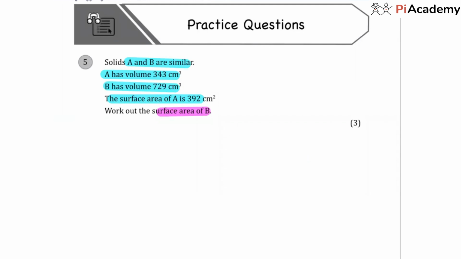Can you go back to the formula sheet? Because I feel like in my exam we get the surface area formula. Yes, sometimes you are given the formulas, but sometimes there are questions where you need to know the formula.